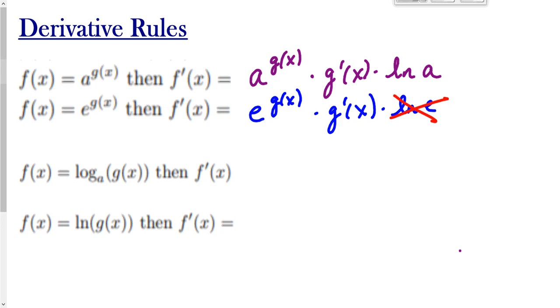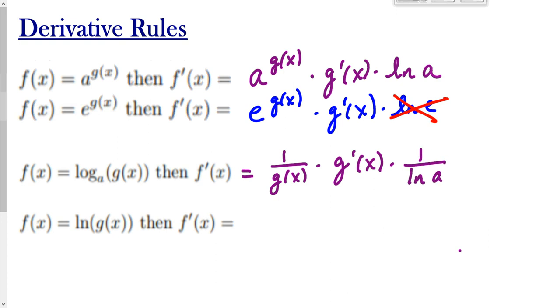All right, this next guy is a log with a generic base. And so again, it has 3 components. The 3 components are 1 over the function, the derivative of the function, and 1 over natural log of the base. And then if you have e as your base instead of a generic a, you would have all the same elements.